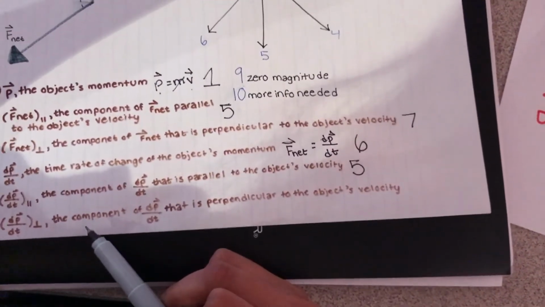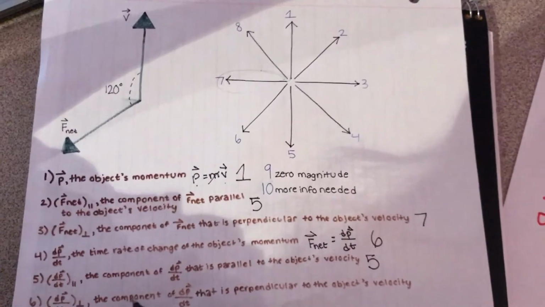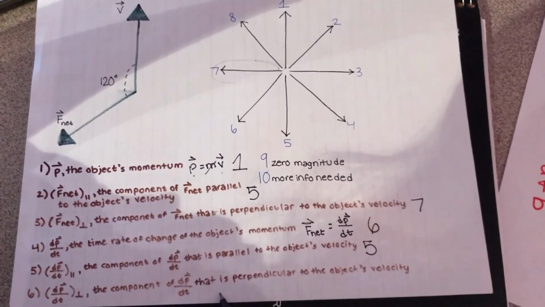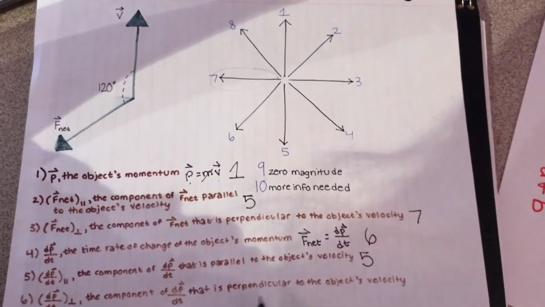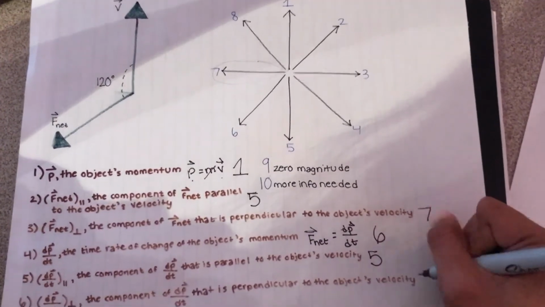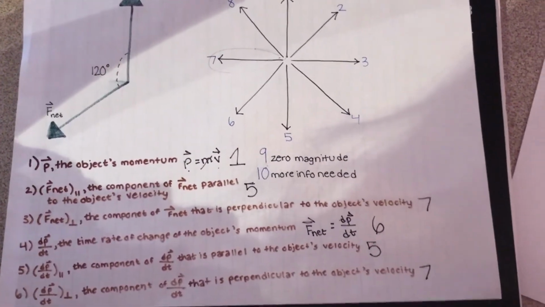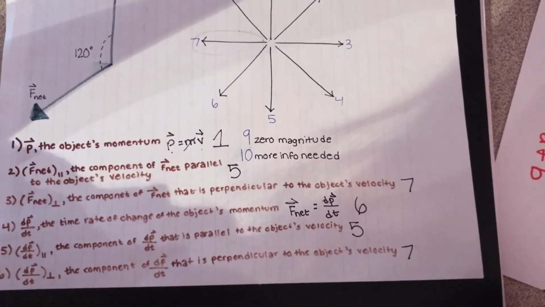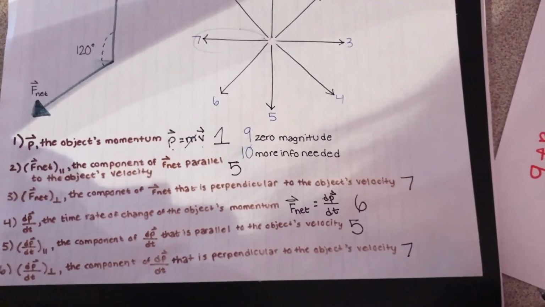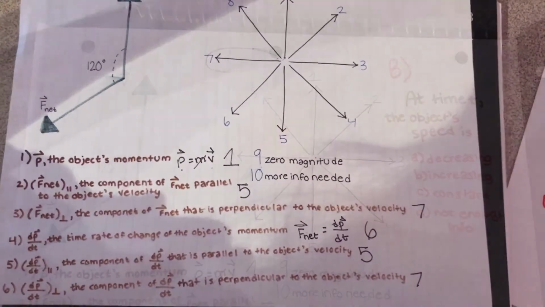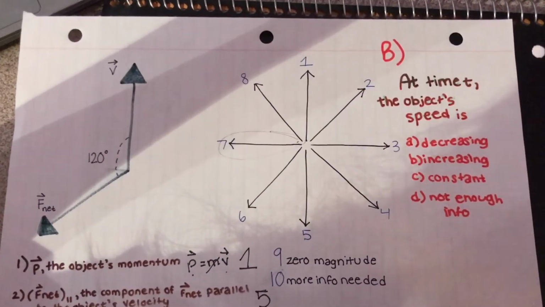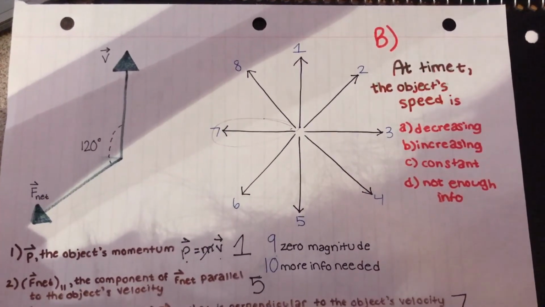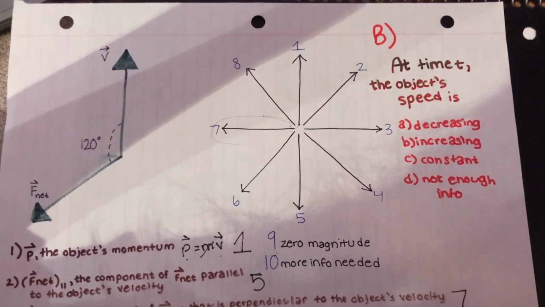With the same idea, in number 6, the component of dp/dt that is perpendicular to the object's velocity would still be number 7 according to number 3, because with respect to time, the direction of the perpendicular component does not change.